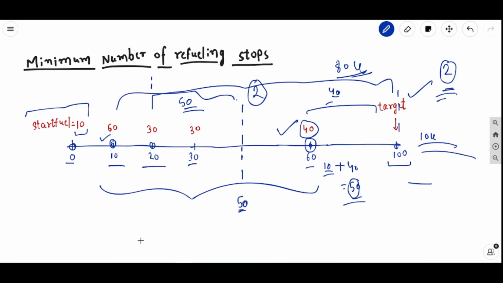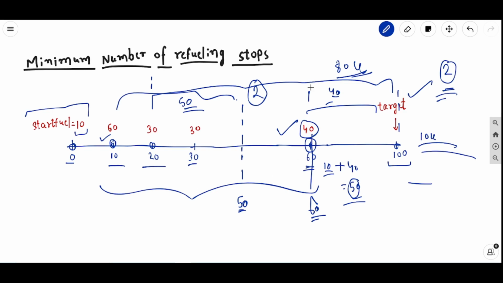it is simply the intuition. It is evident that at any position, let's say at position number 60, if I want to reach position number 60, now the solution is simple.